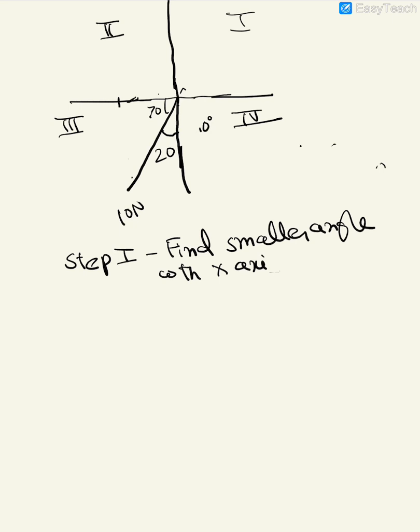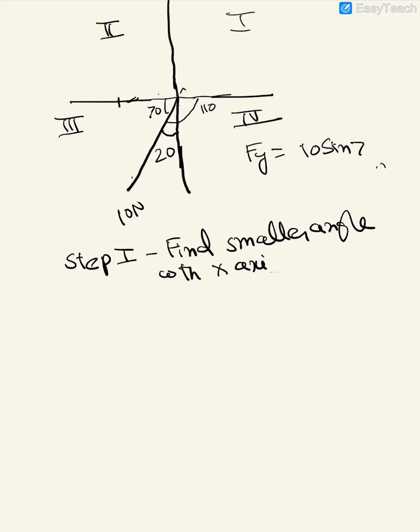So if it is y-axis, you take Fy equal to 10 sine of the smaller angle with x-axis. Please note, sine of the smaller angle with x-axis. The bigger angle with x-axis, you know, is 110, but we are not concerned with that. We want the smaller angle with x-axis, and that's it.